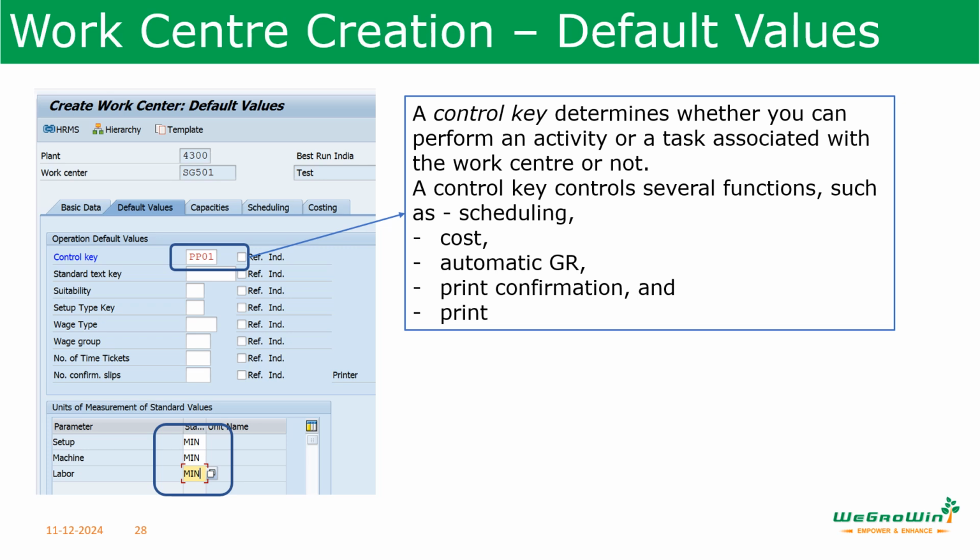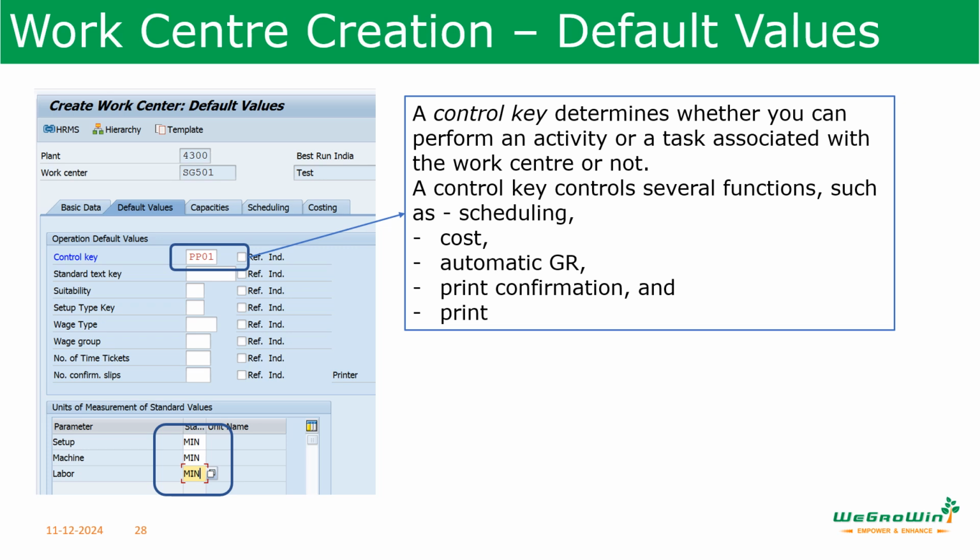For example, the control key may have functions like scheduling, costing, automatic goods receipt, print confirmation, those things. If scheduling is not selected in the control key, for example PP01, then this particular operation with this work center will not be scheduled. So if there is any scheduling problem, you have to refer to the control key also and check it.